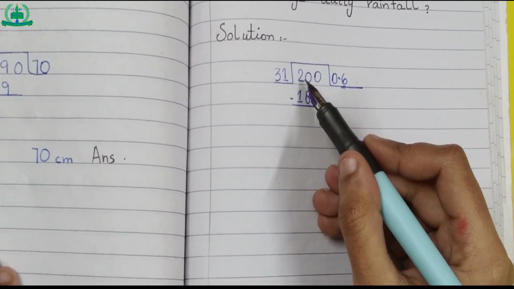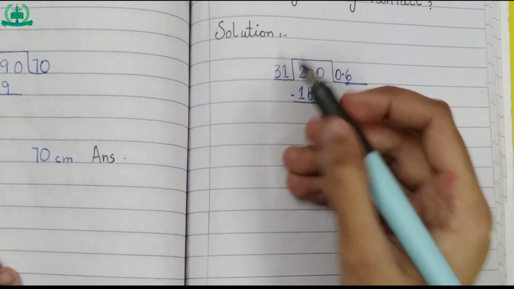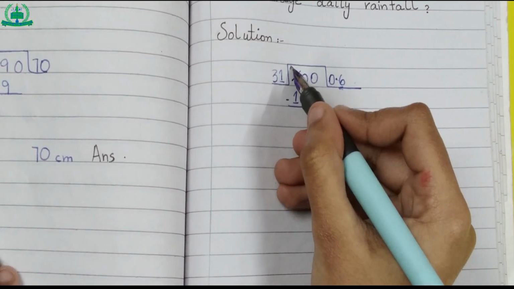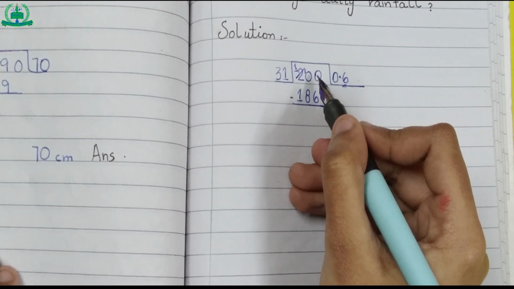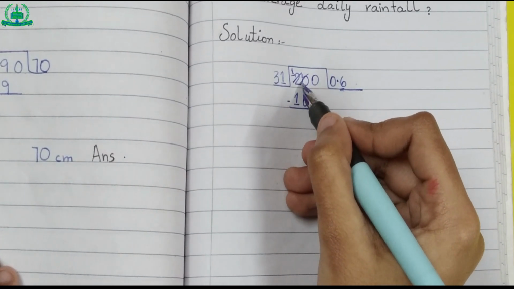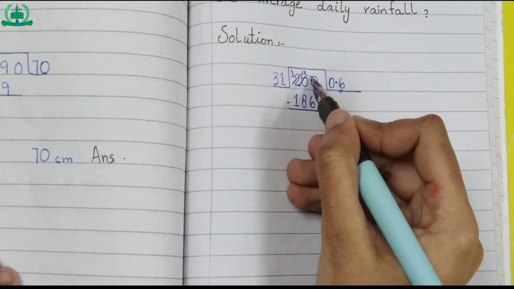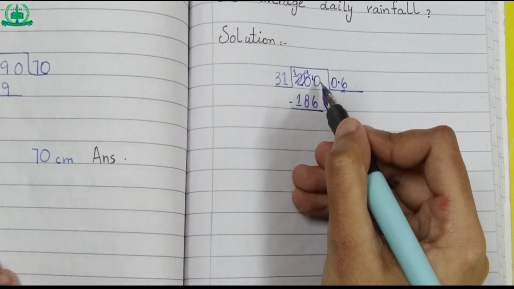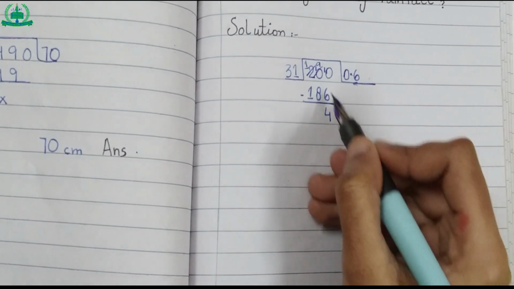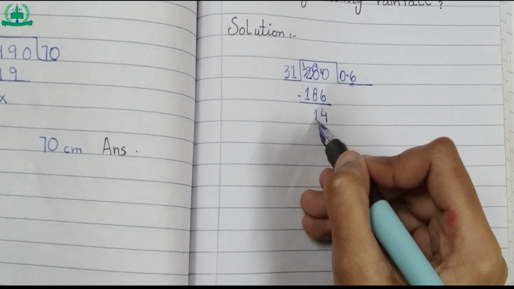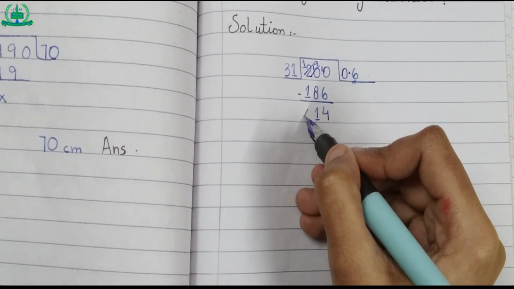After borrowing 2 becomes 1. 0 becomes 10. Then we borrow from 10. 10 becomes 9. 0 becomes 10. 10 minus 6, 4. 9 minus 8, 1. 1 minus 1, there is no remainder.